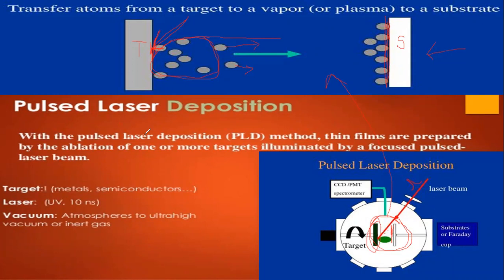With the pulsed laser deposition method, thin films are prepared by the ablation of one or more targets illuminated by a focused pulsed laser beam. Okay, so which type of target materials are required here? The target may be a metal, maybe a semiconductor. Means if we plan to deposit a metal material or semiconductor material, we can use the technique of pulsed laser deposition or pulsed laser ablation.